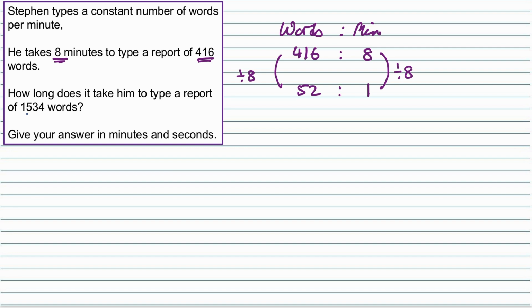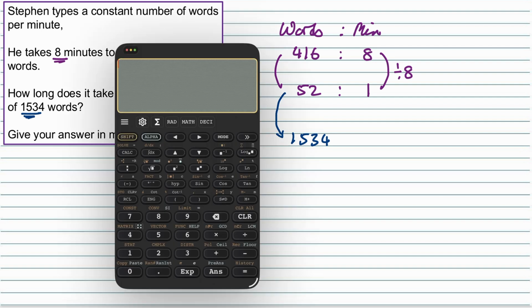And then we're told he writes a report of 1,534 words. So the question is, how do we scale the 52 to this 1,534? Well, 1,534 divided by 52 will give us 29.5.